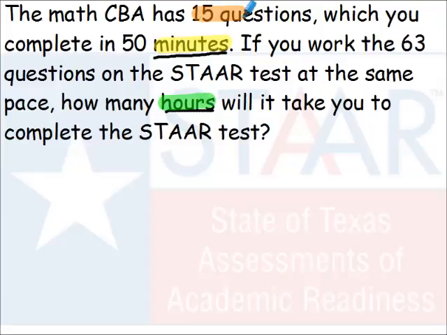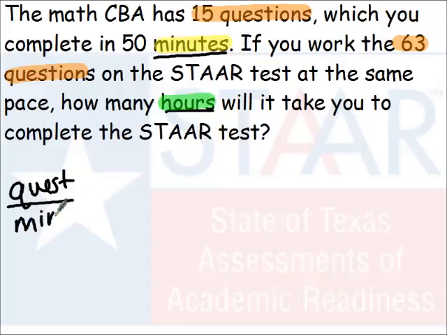The CBA has 15 questions and the STAR test has 63 questions. So we have two categories here, questions and time. Our time is given to us in minutes, so we're going to have to convert that into hours before we get our final answer.